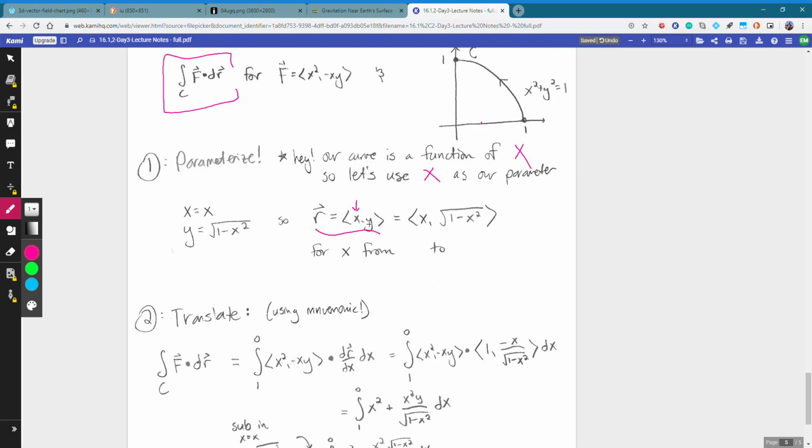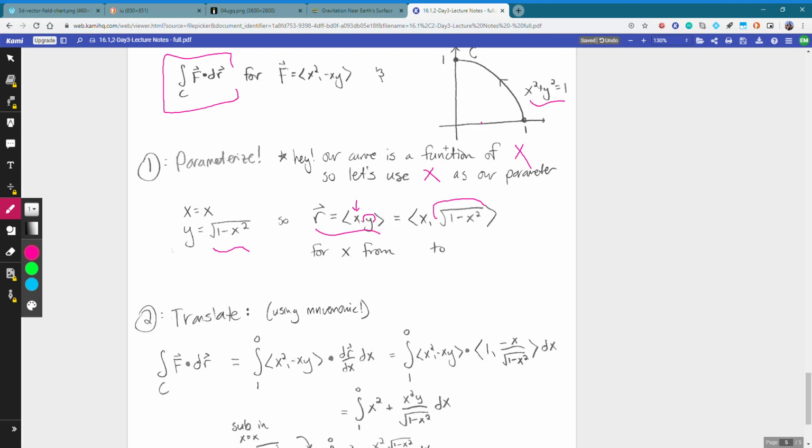We just need to know what y is, and we can grab that from our equation here, solving our equation for y, and using the fact that we want the top half, get root 1 minus x squared, and so we can plop that in for y, and there we go. There's our vector function.